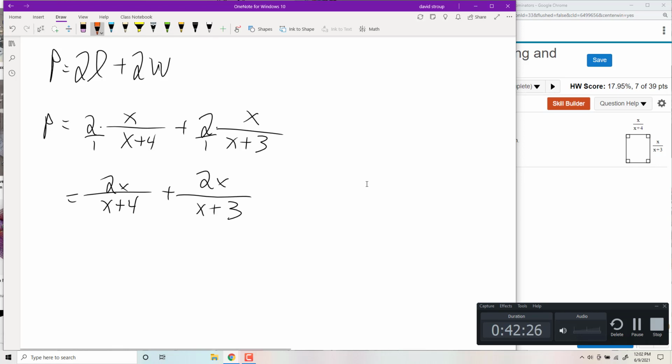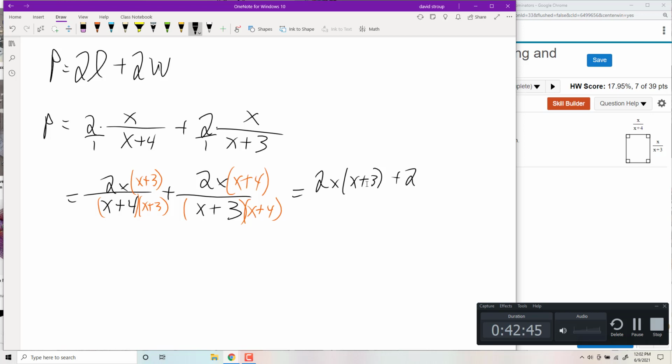I need common denominators. So the first one needs a factor of x plus 3. Second one needs a factor of x plus 4. And then I'm going to distribute those numerators. Oh, well, combine the numerators first and then distribute, sorry. Over the common denominator.